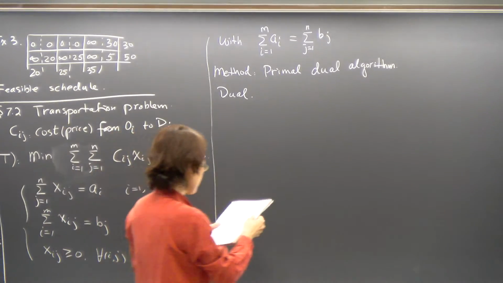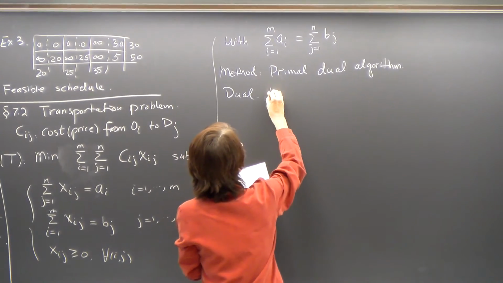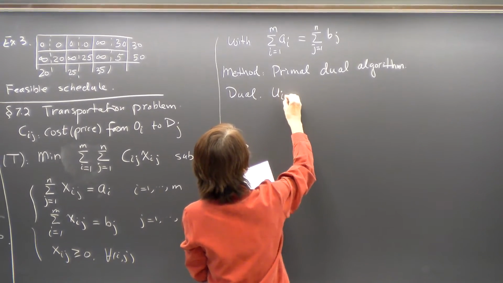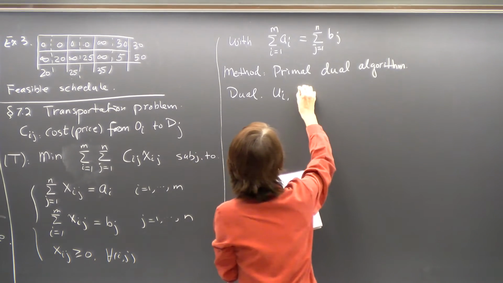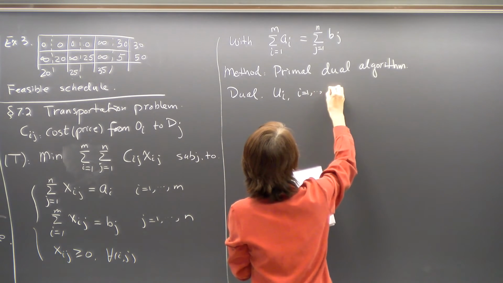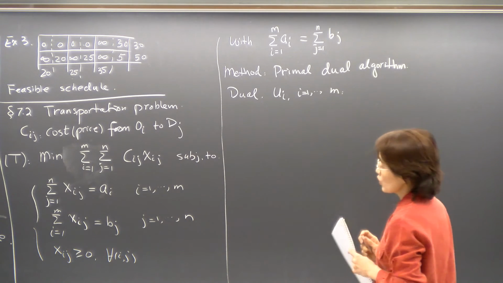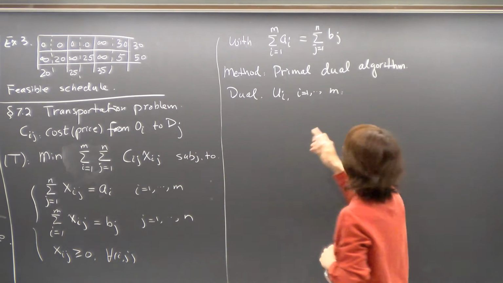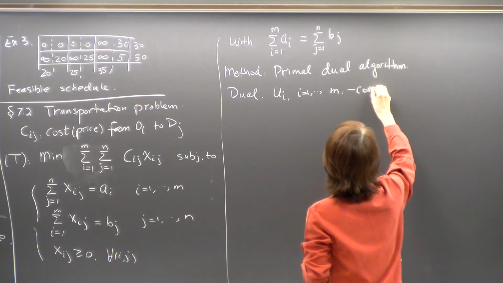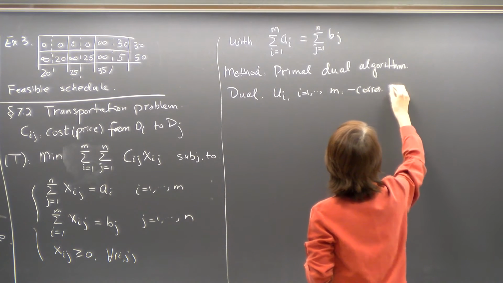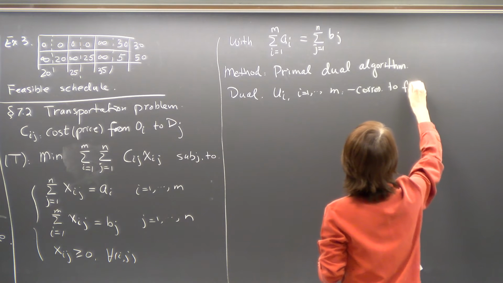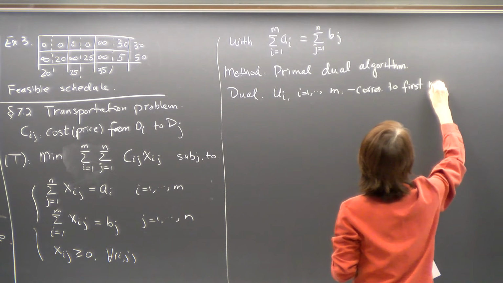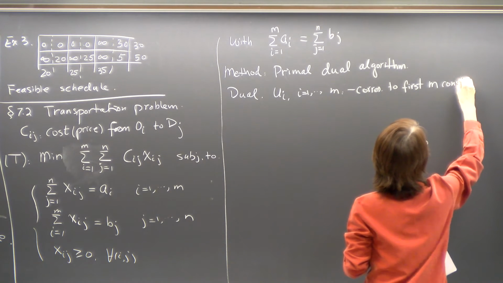So I'm going to label my variables like this: ui, with i from 1 to m, will correspond to the first m constraints.